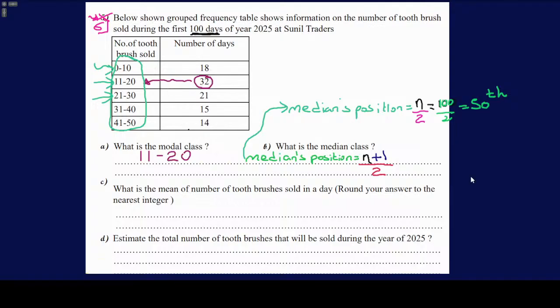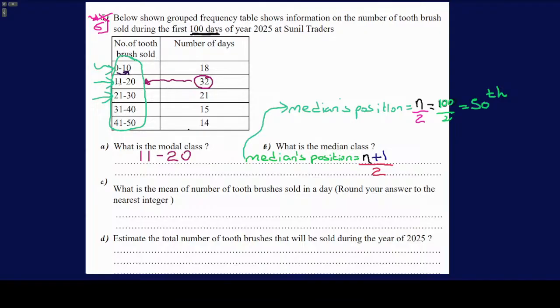Right? So which class has the 50th score? 0 to 10, that class has the first 18 scores.